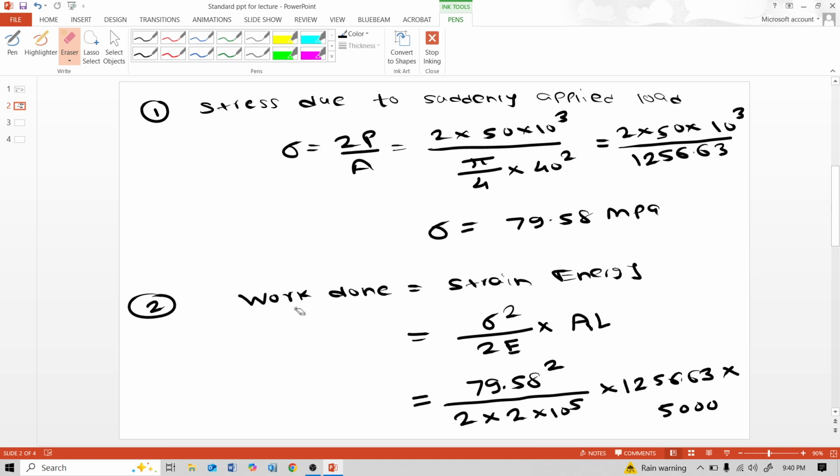After solving, 79.58 square multiplied by 1256.63 multiplied by 5000 divided by 2 into 2 into 10 raised to 5 is 99.48 into 10 raised to 3, and the unit of this work done is Newton mm.